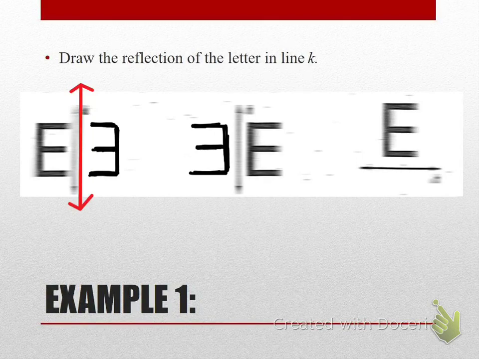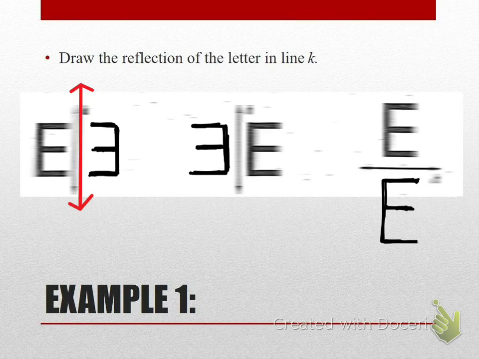What about the third one? So which way is it going? Yep, it's flipping down. So this time it's actually still going to look like a letter E. It's not perfect, but it's close.